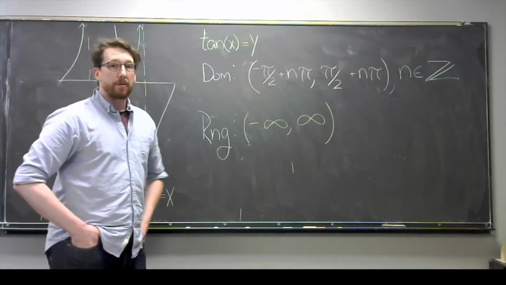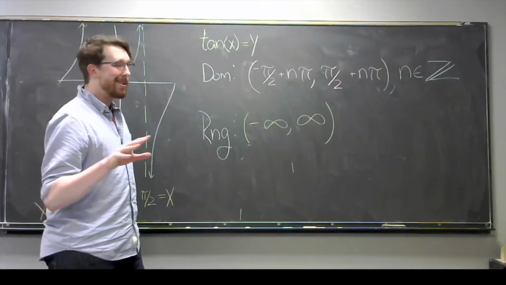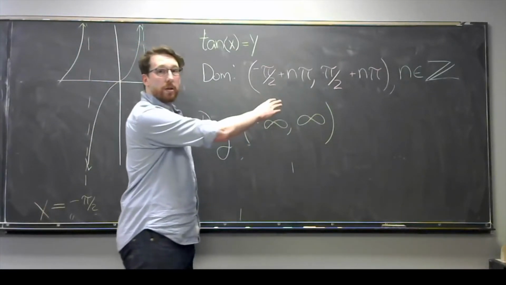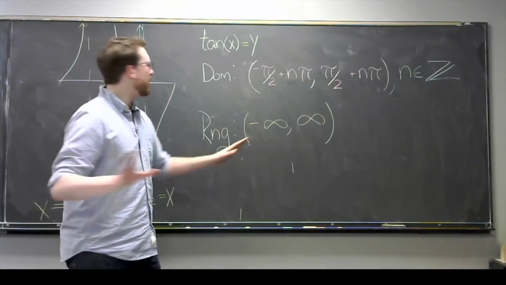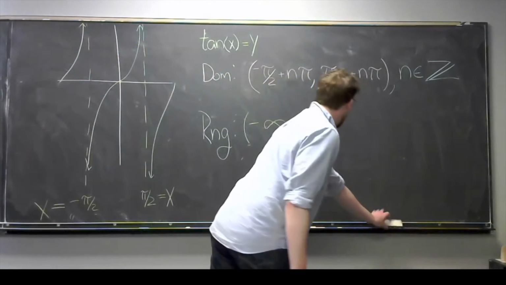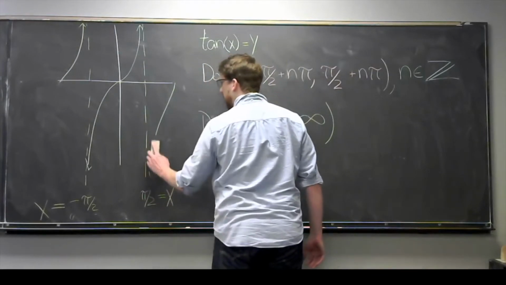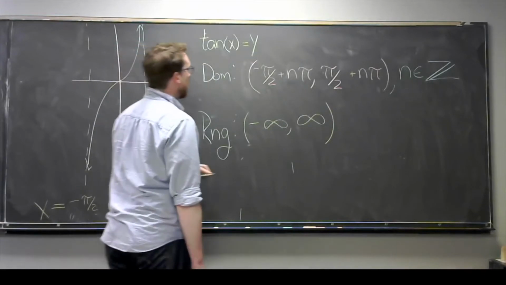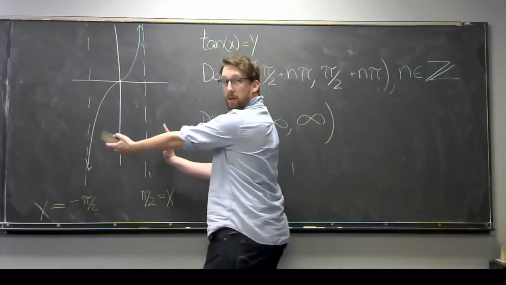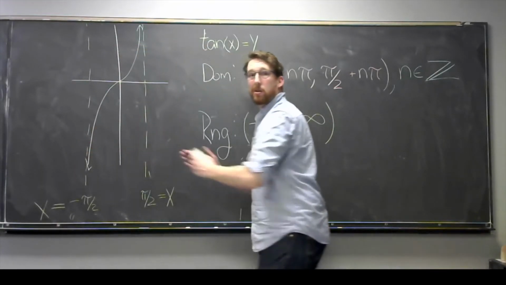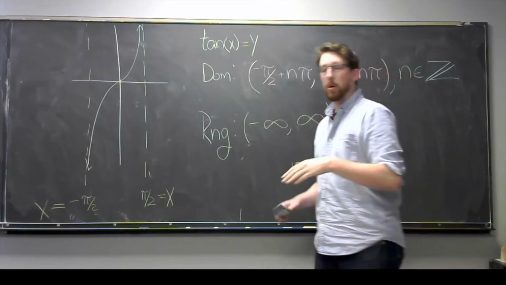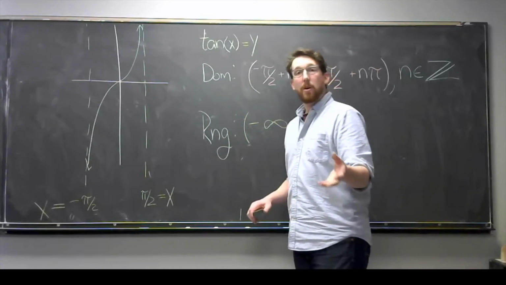But because of it, we have a really nice way of restricting our tangent. We can say, I don't care about everything else on either side. I just care about this chunk. Because I just care about this chunk, we can go ahead and flip it across that line x equal to y, and I can find the graph of arc tangent.